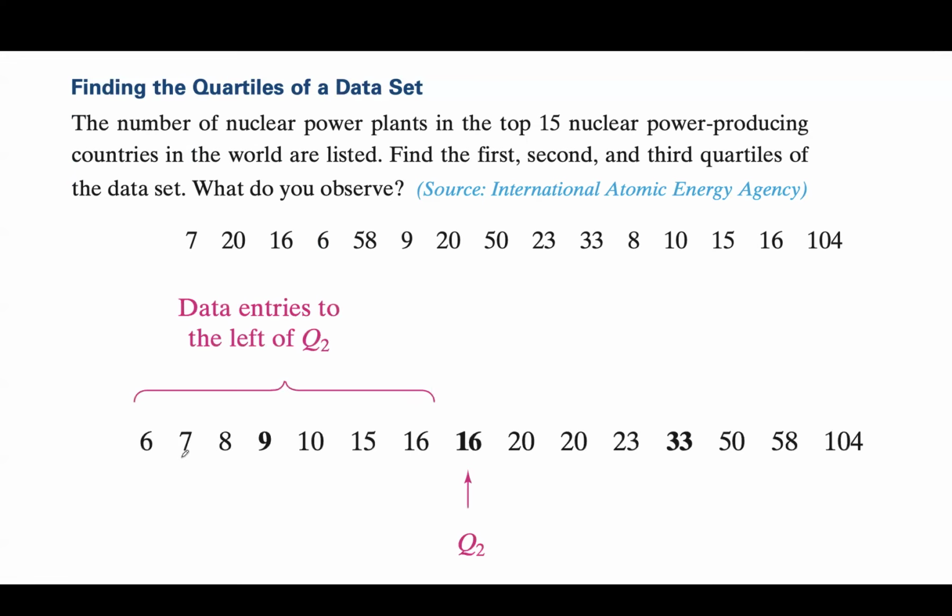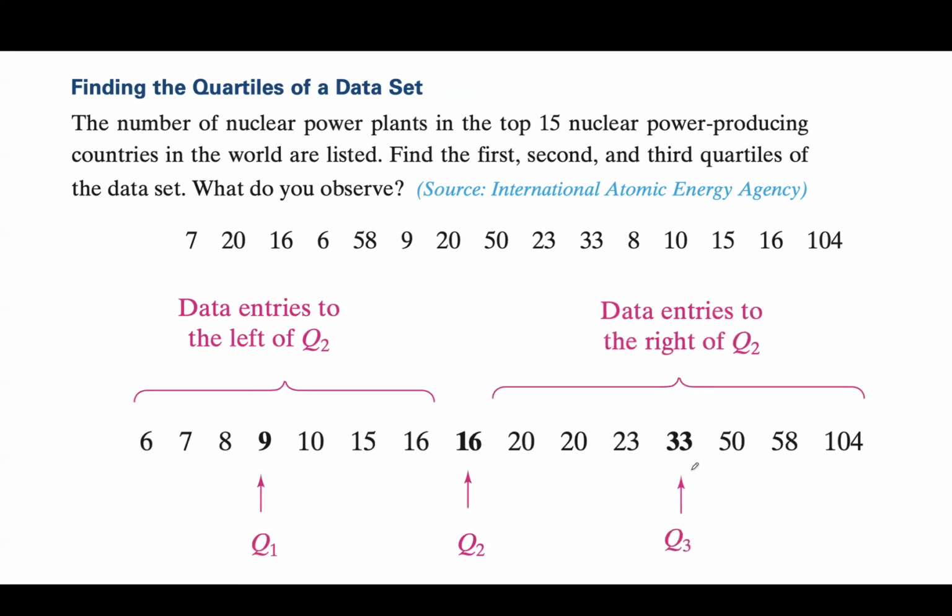On the left-hand side, you can find the median of the first half of the data, which happens to be 9, and you call it the first quartile. The same for the second part of the data set on the right-hand side. The median of the second half is called the third quartile.